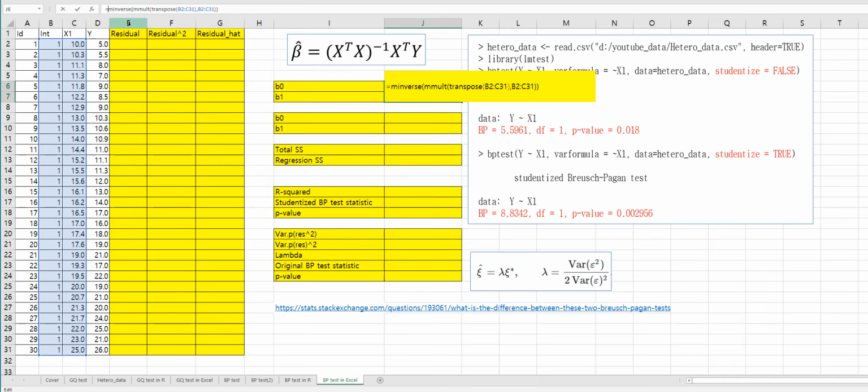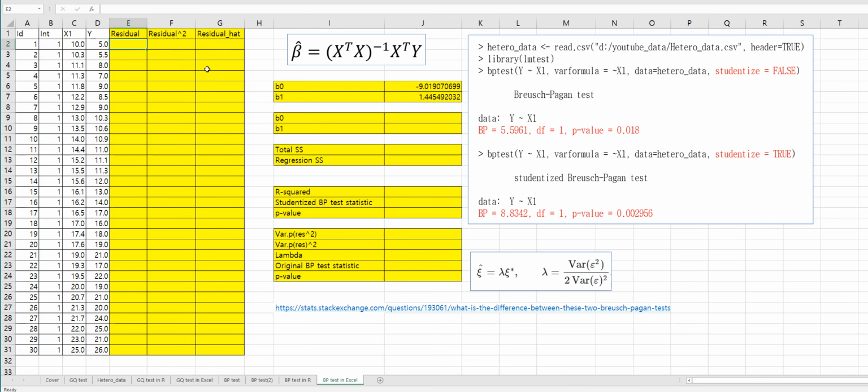Then let's multiply by transpose of design matrix, and then merge comma and y vector, and press Ctrl Shift Enter. Right.